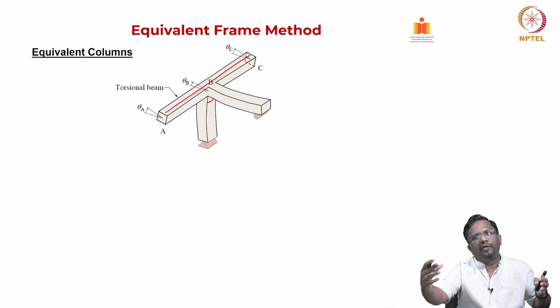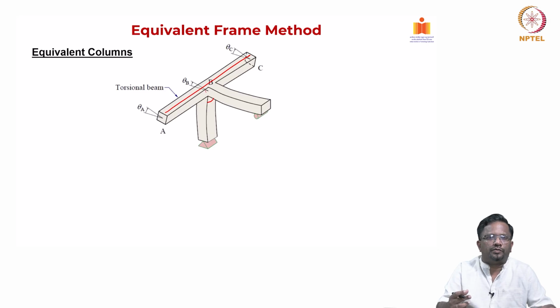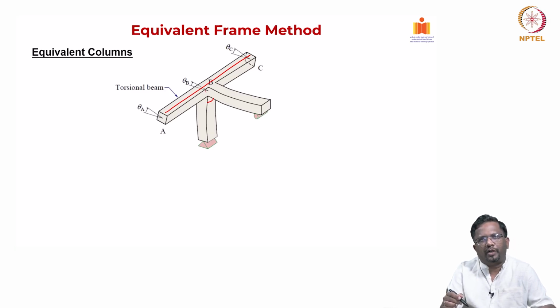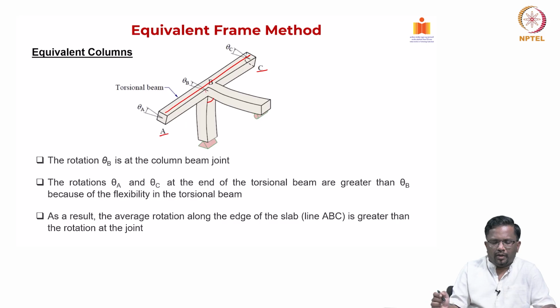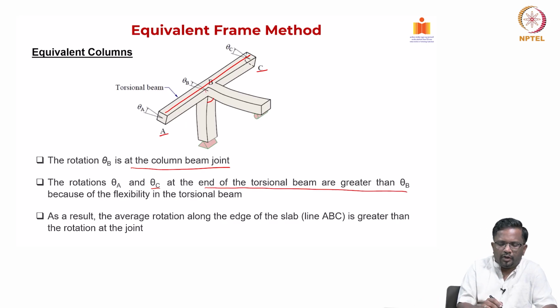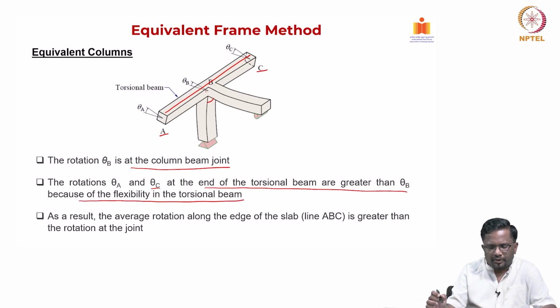As we move away from the column region, the stiffness will be less, or in other words, the rotation far away from the column region is going to be higher. For example, theta A and theta C here will be higher than theta B at the joint B, right. So the rotation theta B is at the column beam joint. The rotations theta A and theta C at the ends of the torsional beam are typically greater than theta B because of the flexibility in the torsional beam, right.